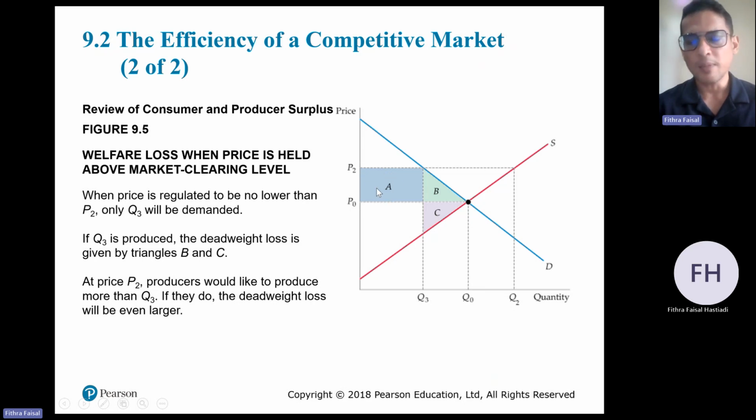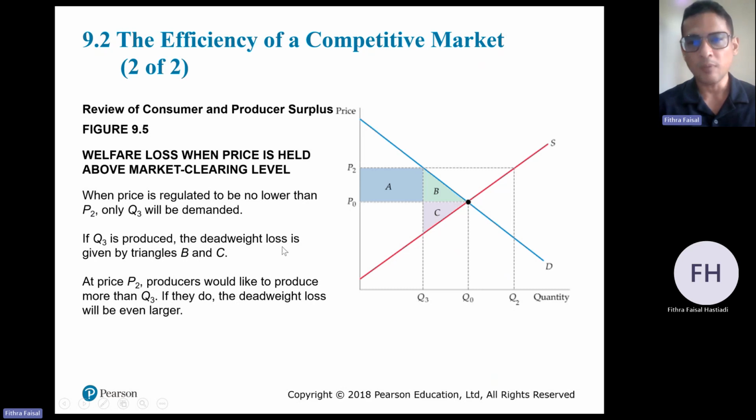So we have this incentive for producers to produce. As a consequence, the consumers are losing part of the consumer surplus, but the producers this time are the ones that can utilize the producer surplus here at point A. At price P2, producers would like to produce more than Q3.